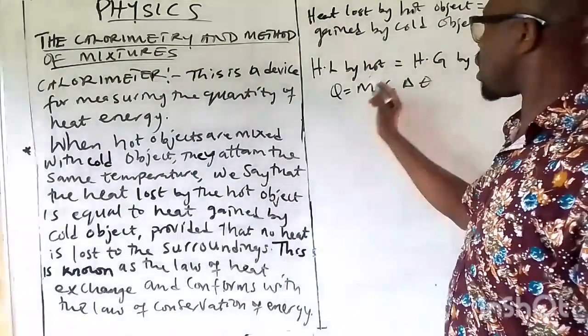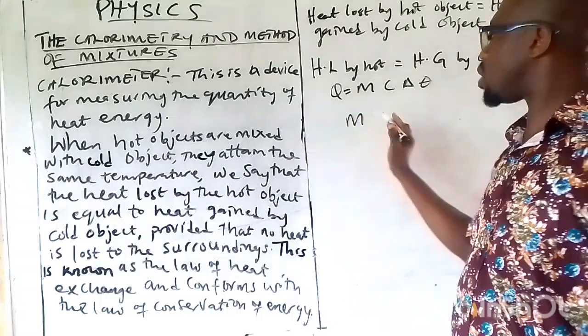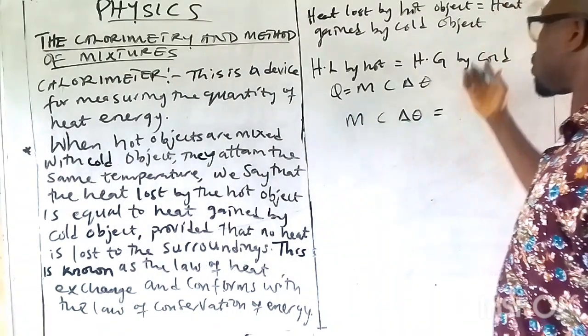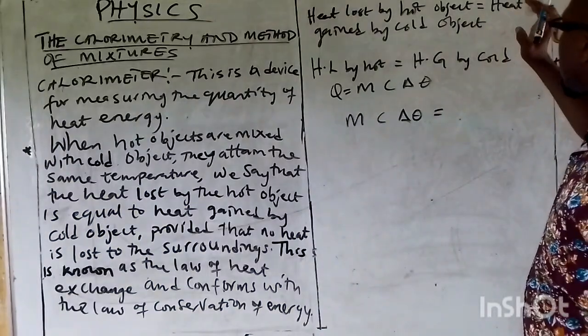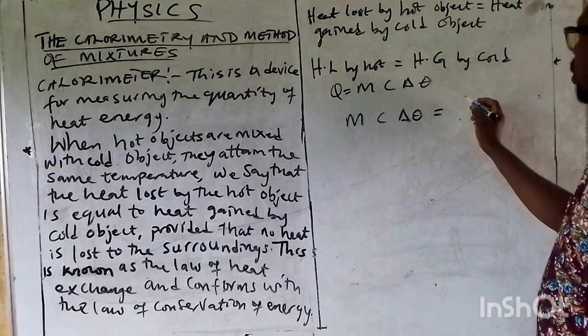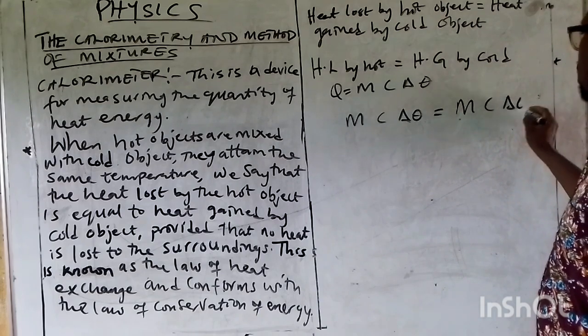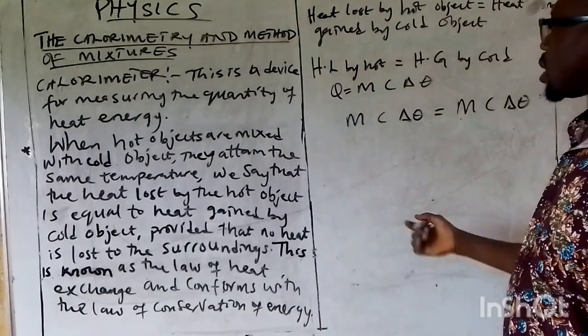In other words, we can represent it with mc delta theta for heat lost, equal to mc delta theta for heat gained by the cold object. Now we can put in the parameters.